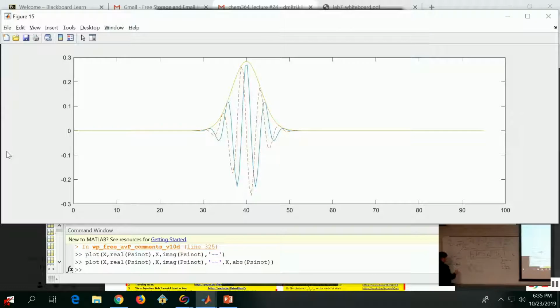Or if we need an expectation value, we are doing an integral of wave function, operator, wave function.